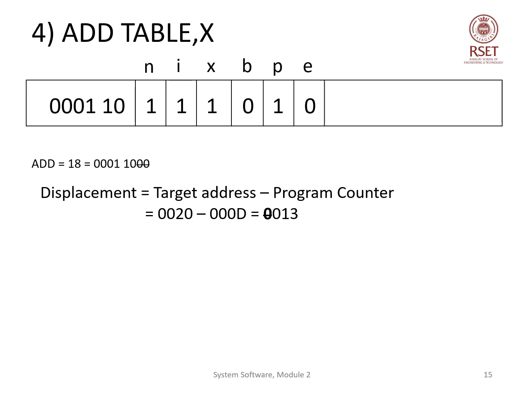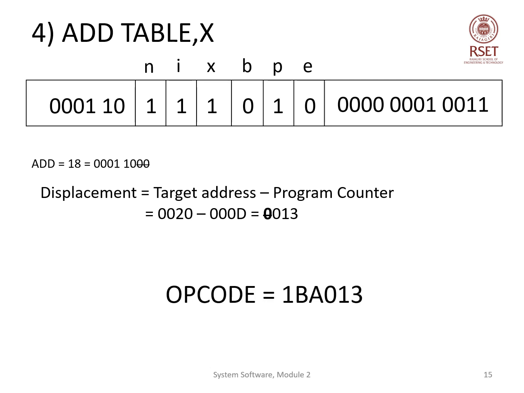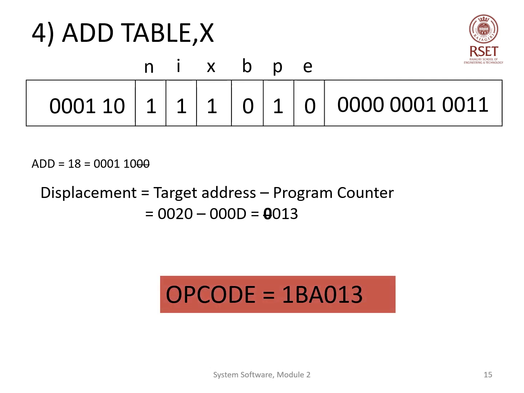So this is ADD TABLE,X. So the program counter will contain the address of the very next instruction. So it is 0020 minus 000D. It will give you 0013. Since we can only represent 12 bits here, we'll ignore the leftmost 0 and put it in the 12-bit displacement column. So that makes the opcode 1BA013.